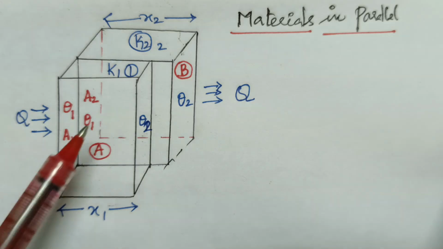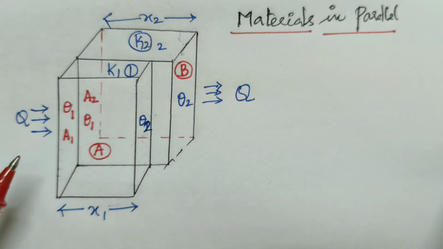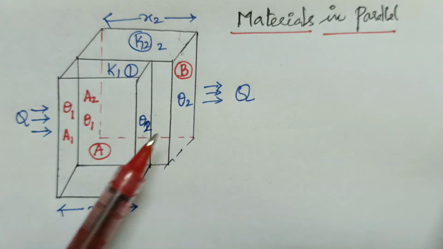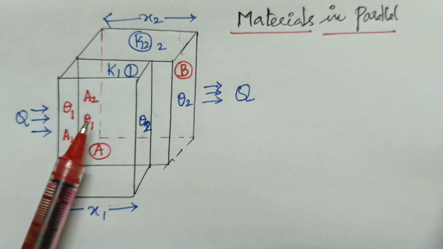Here these arrangements are in the form of a parallel setup. Now the faces of materials A and B are at temperatures theta 1 and theta 2.